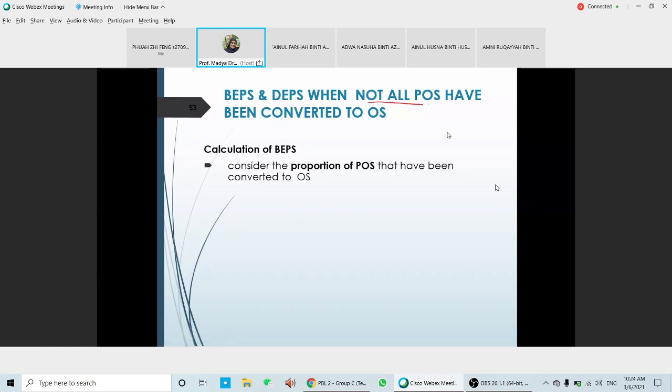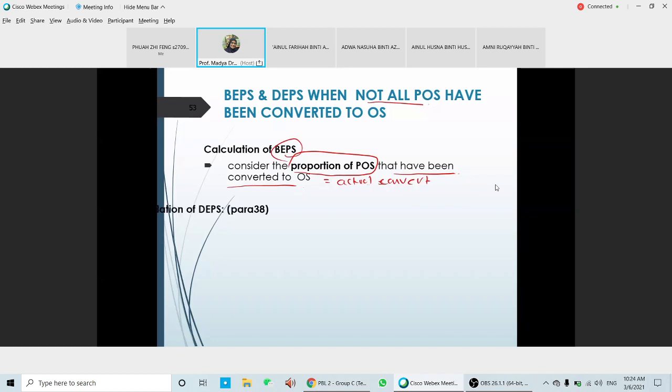So for the calculation of basic earnings per share, we need to consider the proportion of the POS that has been converted. For the basic earnings per share, we need to look at the actuals that are already converted. That one is for basic.